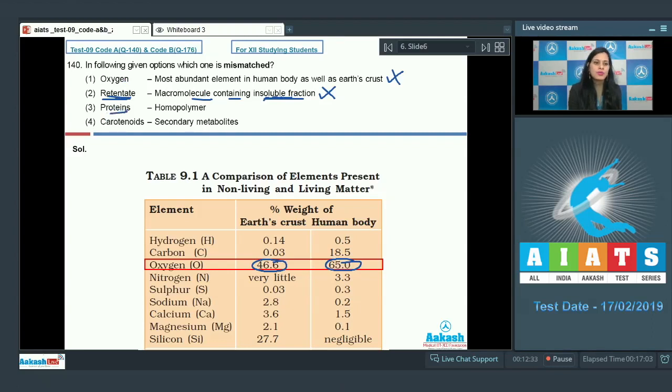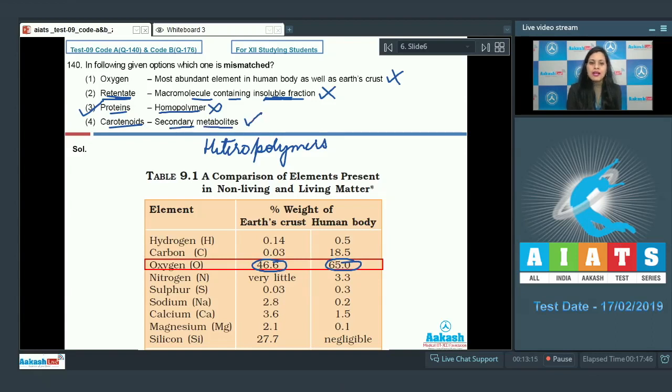The next match given is proteins, homopolymer. As it is an incorrect match, this is the correct answer to our question, because proteins are considered heteropolymers, as they are polymers of different types of amino acids. The last match given is carotenoid, secondary metabolites.